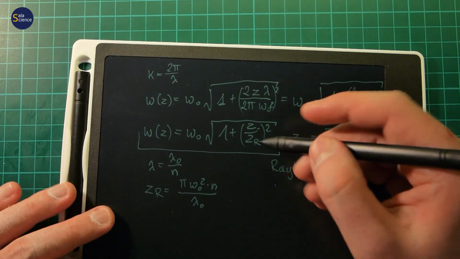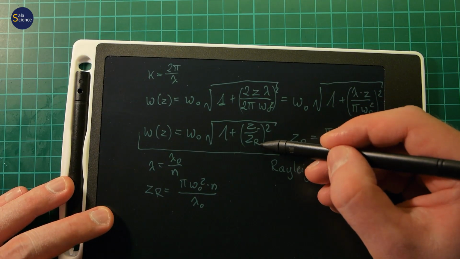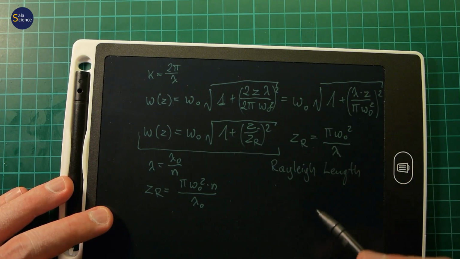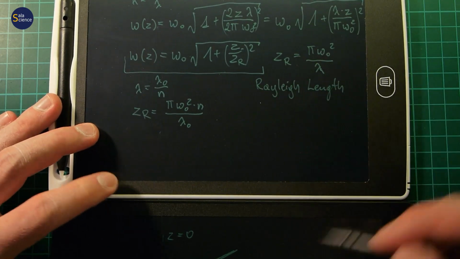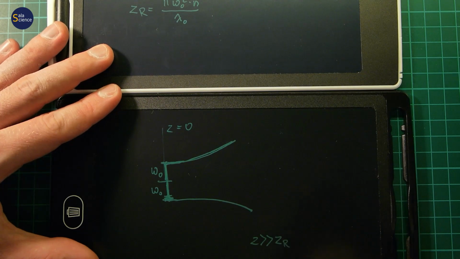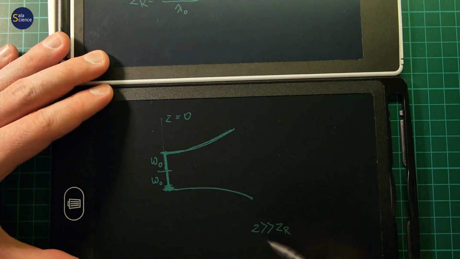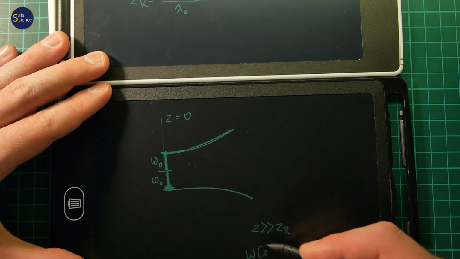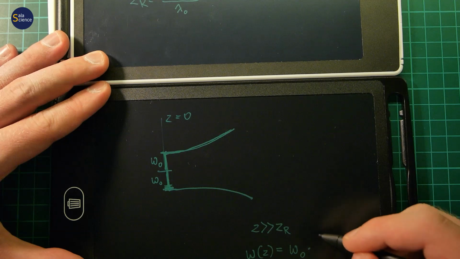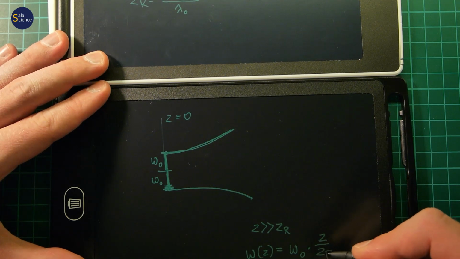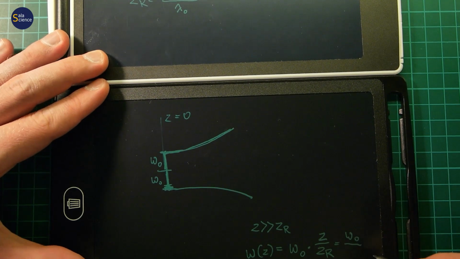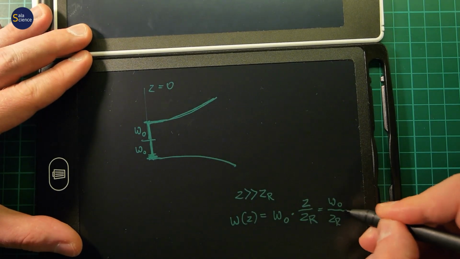But when z is much larger than the Rayleigh length, this plus 1 can be neglected. So if we assume that z is much larger than zr, or much larger than 1, the width equals just w naught times z over zr, which means we have w naught over zr times z.